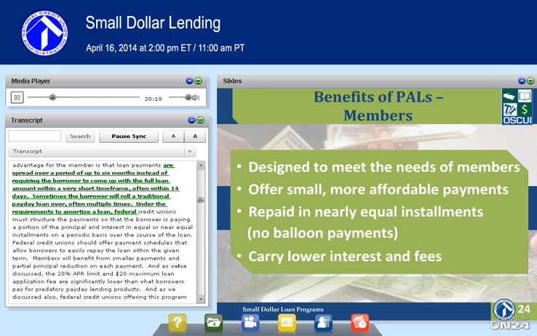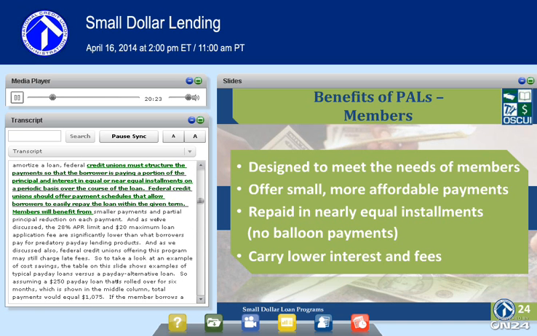Under the requirements to amortize a loan, federal credit unions must structure the payments so that the borrower is paying a portion of the principal and interest in equal or near equal installments on a periodic basis over the course of the loan. Federal credit unions should offer payment schedules that allow borrowers to easily repay the loan within the given term.